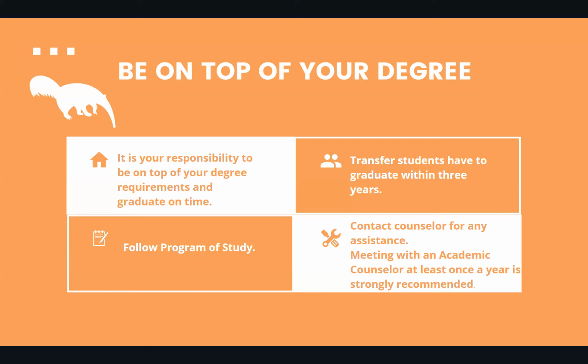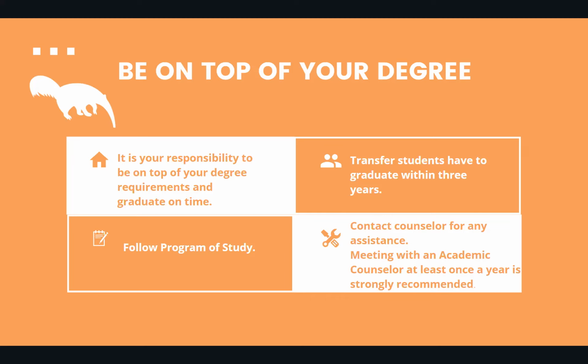Now, the best way to make sure that you are graduating on time is to follow your program of study. As Mitzi mentioned, today you're all going to get your fall program of study. You'll know what to enroll in for fall quarter. What we do recommend is that you meet with us during the academic year for a full one-on-one appointment, and that's when we'll go over your full program of study.